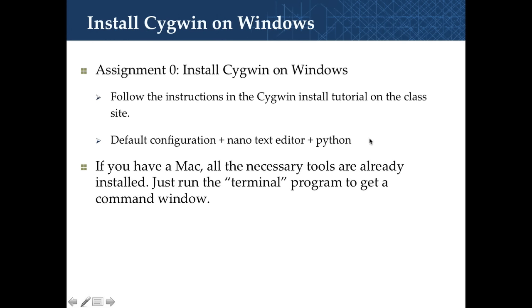What Cygwin is going to give you is basically a complete or almost complete Unix, Linux environment on your Windows machine. And there are many commands and tools that we're going to be using in the next several sessions that you will want to have available on your Windows machine.